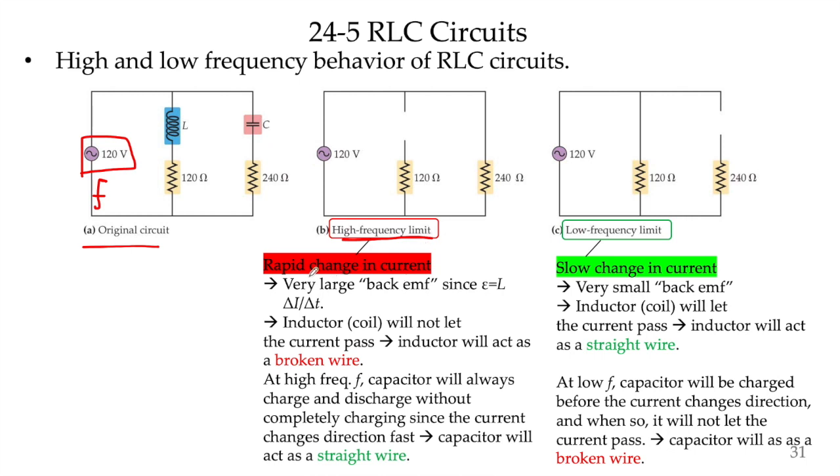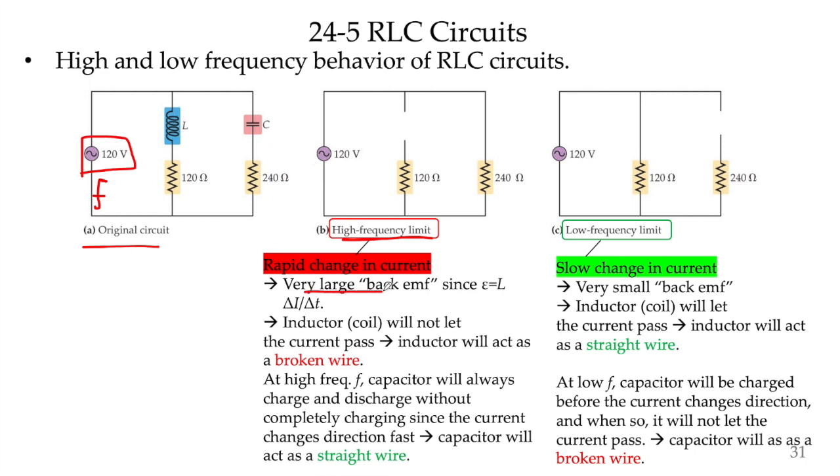So high frequency means rapid change in current. That means this inductor, because the inductor doesn't like change, if there's a change of current, it produces back EMF, so it tries to stop the change in current by producing current in the opposite direction.